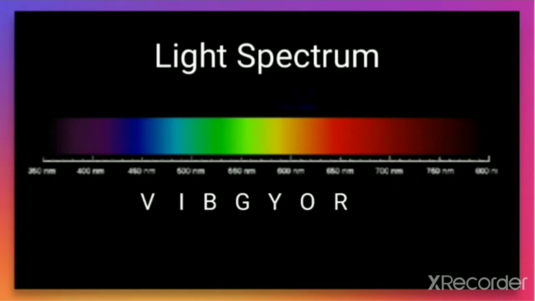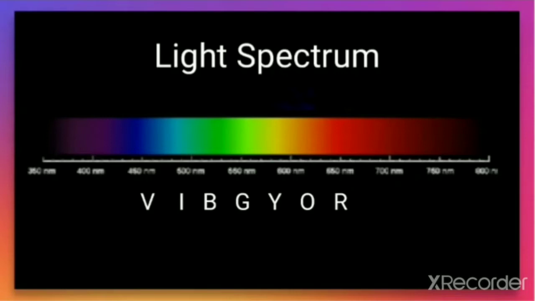The light spectrum has 7 colors, which are violet, indigo, blue, green, yellow, orange and red. In short, we say VIBGYOR. Why does it happen so?